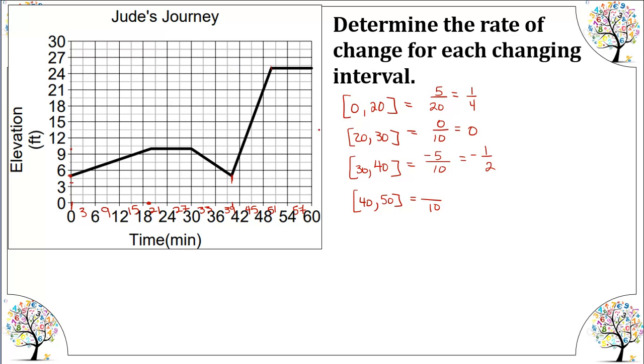So from 5 to 25 is a change of 20, and his elevation is 2. So his average rate of change is 2 feet per minute. And then our last interval from 50 to 60, it's constant. You can see his elevation is not changing over the next 10 minutes. So his elevation change is 0.